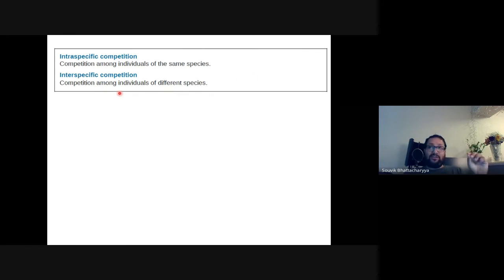What we are interested in for this lecture is interspecific competition, where competition is among individuals of different species. So two or multiple different species are competing against each other for survival. And there can be many different outcomes. The question then becomes, can we use mathematical models to predict how well a species is going to perform in a specific scenario?